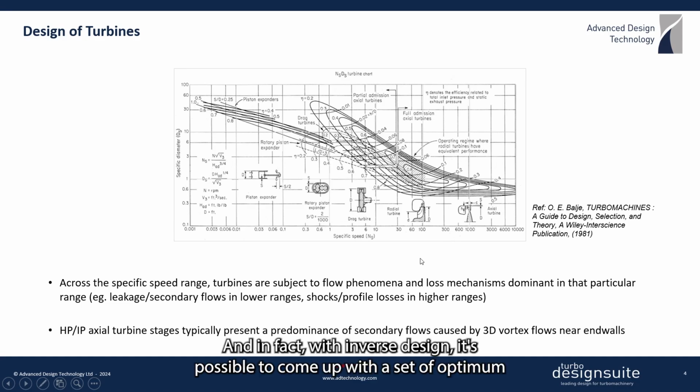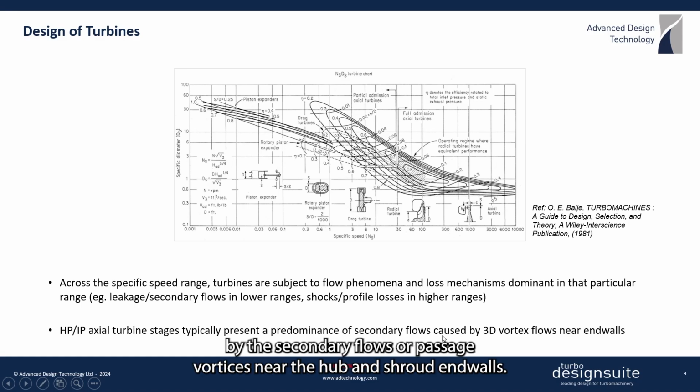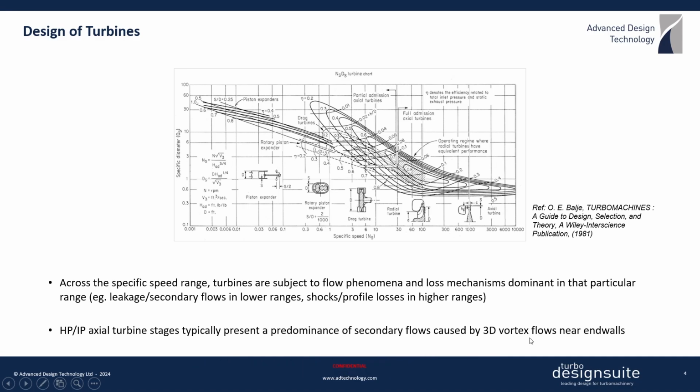And in fact, with inverse design, it's possible to come up with a set of optimum design guidelines based on these fluid dynamic considerations of reducing the dominant flow losses for your turbine. However, when it comes to high and intermediate pressure stages of axial turbines, the loss mechanisms are dominated by the secondary flows or passage vortices near the hub and shroud end walls.